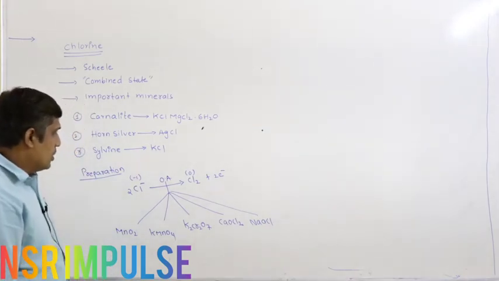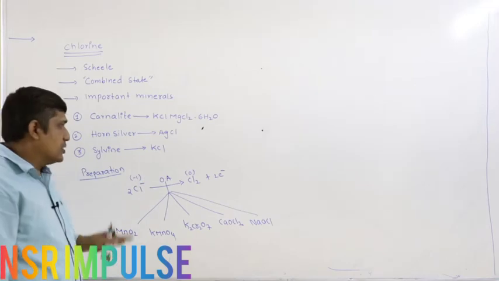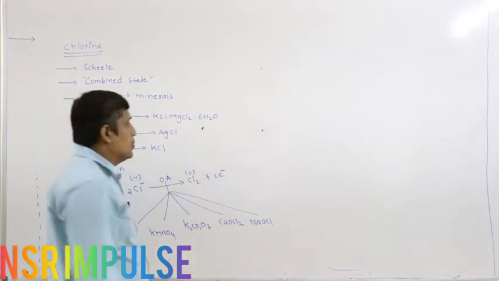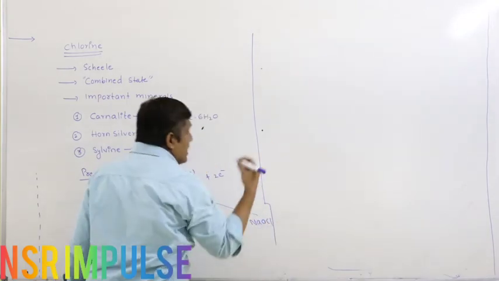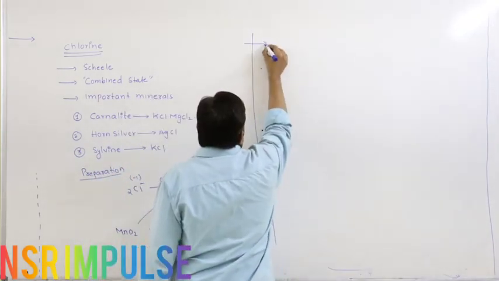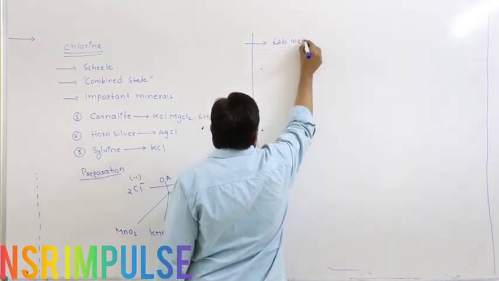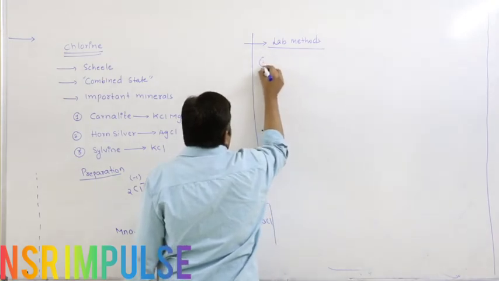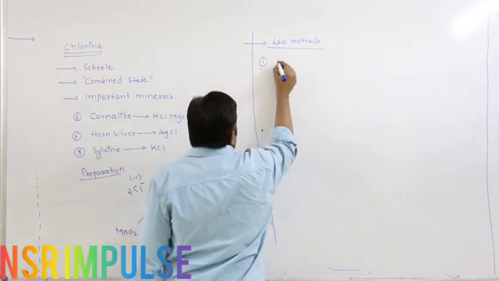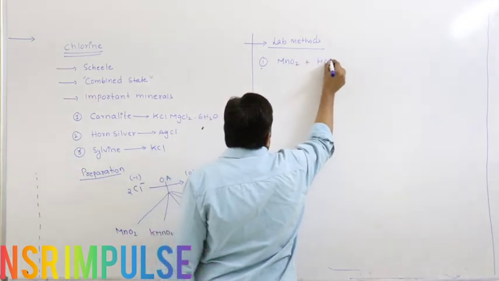So the chloride salt is treated with a suitable oxidizing agent to convert it into Cl2. First let us study the lab methods, then we will go for industrial methods. Each and every reaction is important. The first one is reaction with MnO2. Here we mostly take HCl.